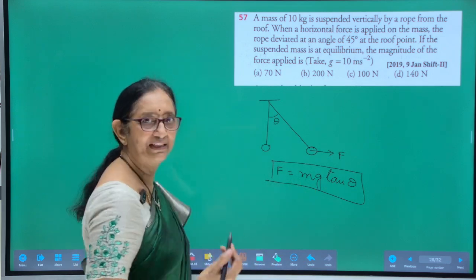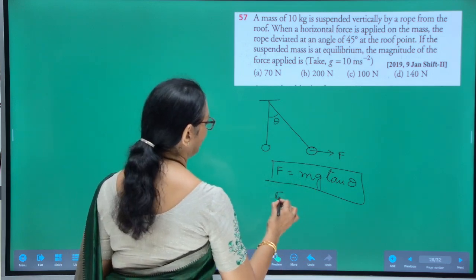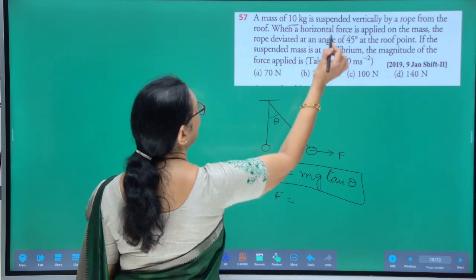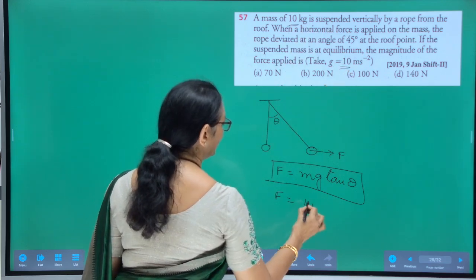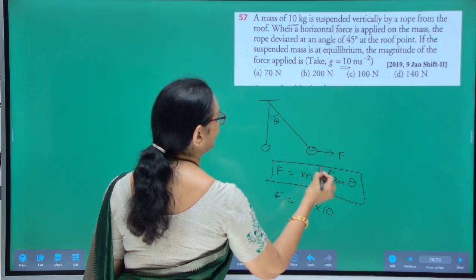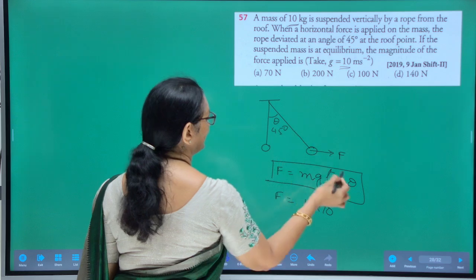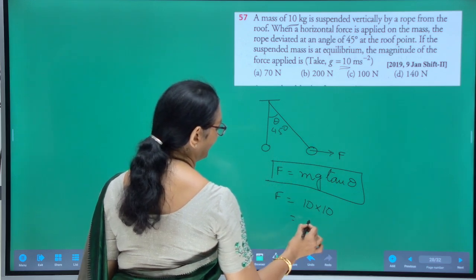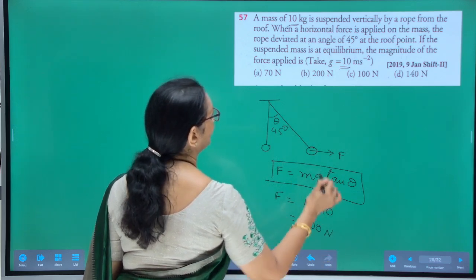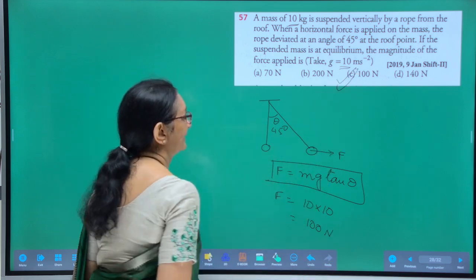So F is equal to m given as 10, g given as 10, theta given as 45 degrees, tan 45 is 1. So, it is just 100 Newton. That is the correct answer.